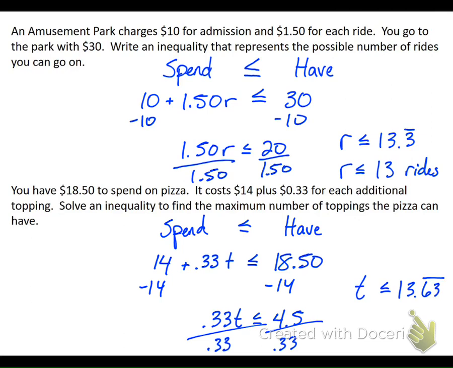And so what's important to know here is since I can't spend more than I have, I can't round this up like the 0.6 would tell me to round with a topping. So I have to round down, because if I round it up, I would spend more than I have. So it's going to be 13 toppings.